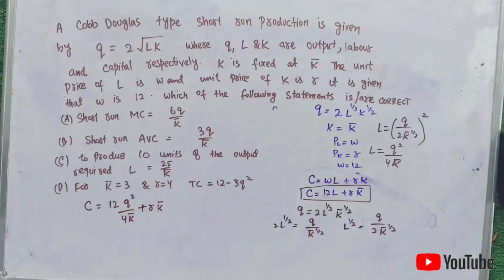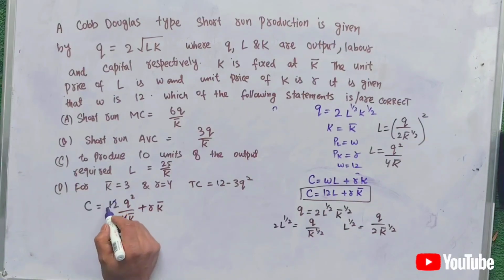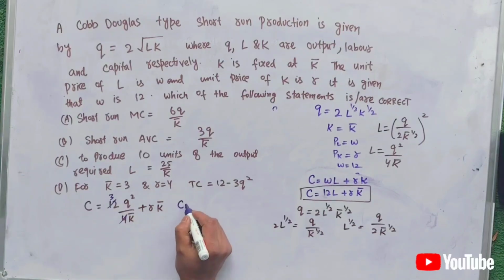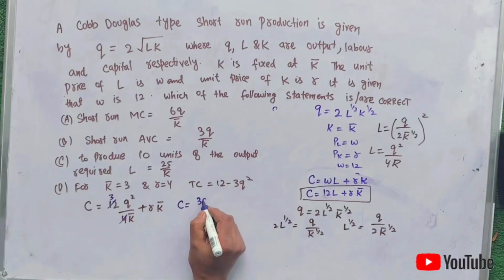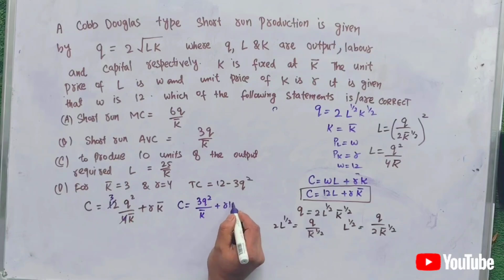And this is total cost. 4 threes are 12, so we get the total cost function as 3Q square divided by K bar plus RK. This is variable cost, and this is fixed cost because K is fixed here.